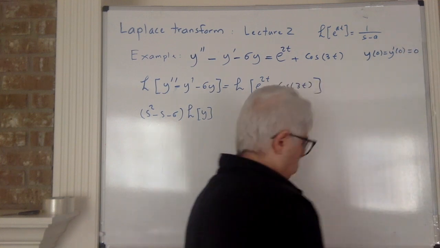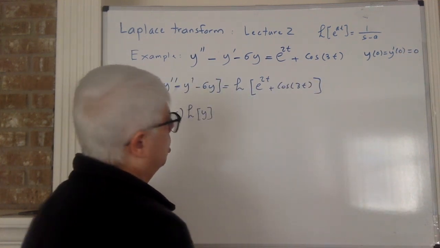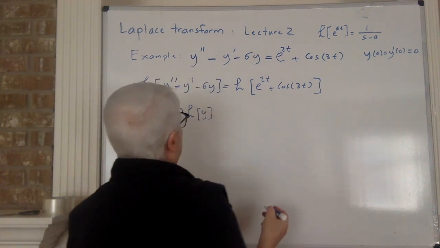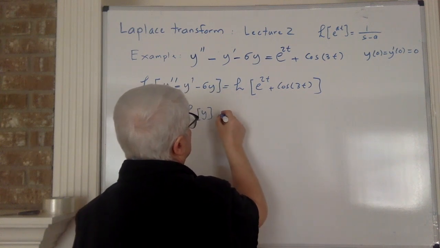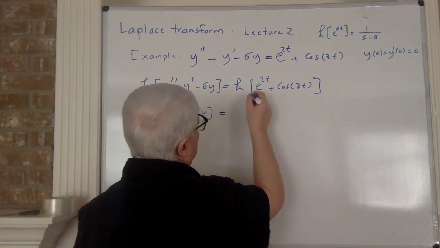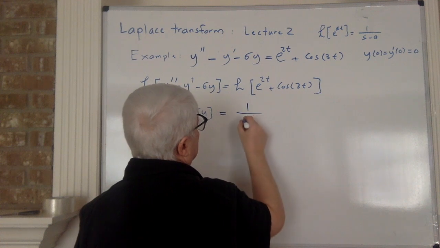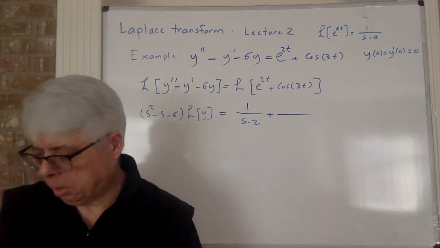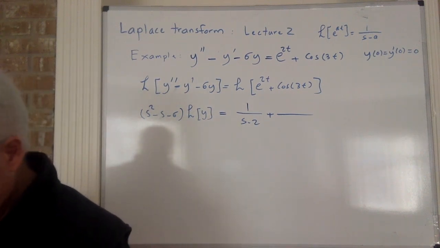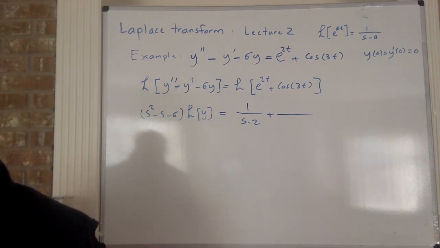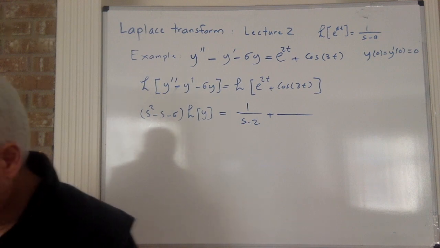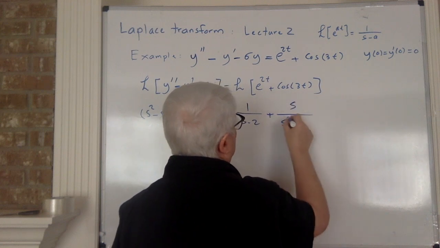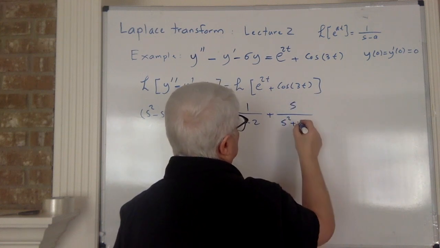So when I make the assumption, I am not worried about those other constants here. And on this side, L of e to the power 2t, I have it, 1 over s minus 2, and cosine, I don't have it in my mind, so let's see. Cosine will be s over s squared plus omega squared, which is 9.